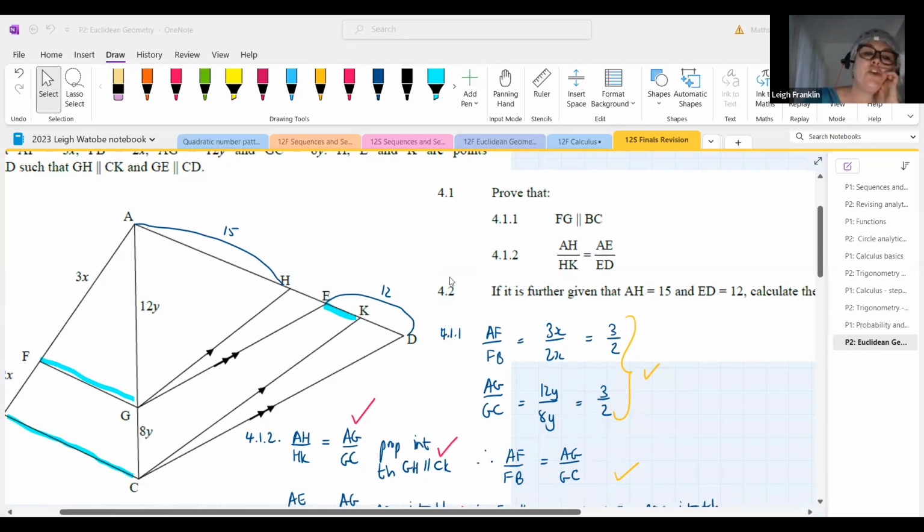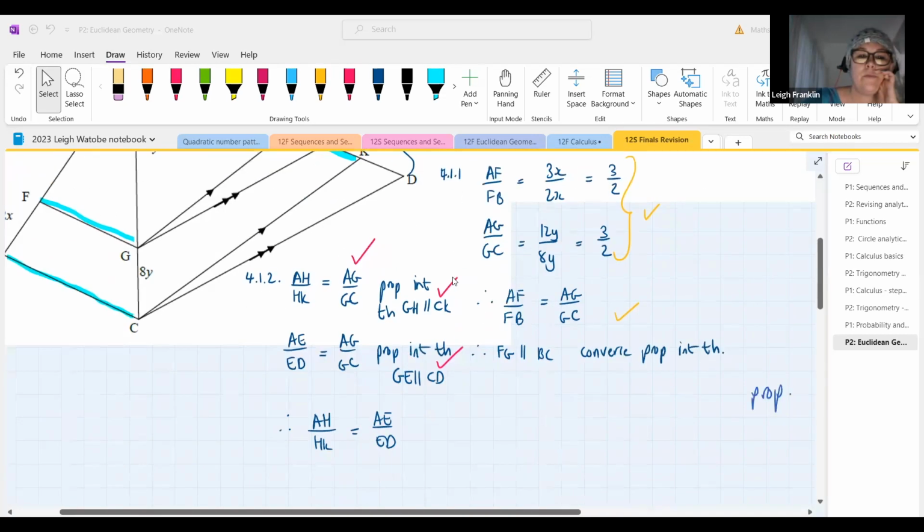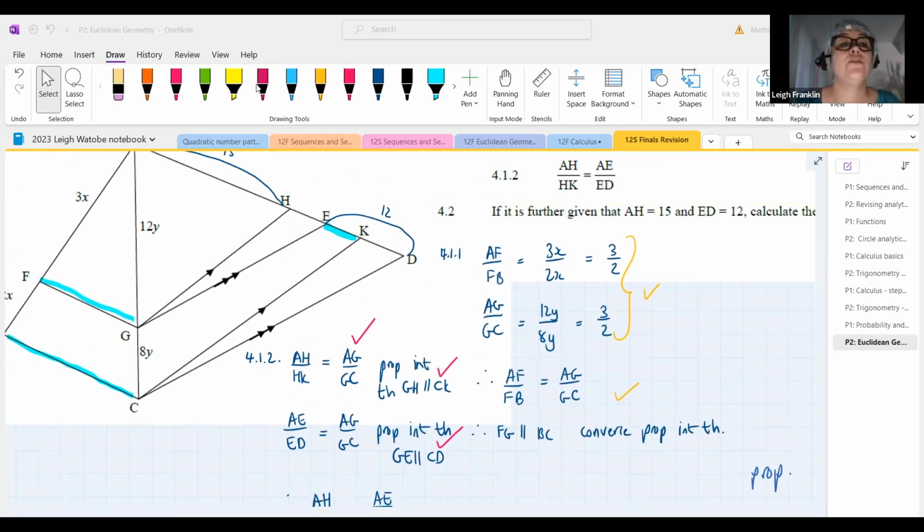What's AH over HK equal to? You already know from 4.1.2 that AH over HK is equal to AG over GC, right? That was the first thing that we wrote over here.